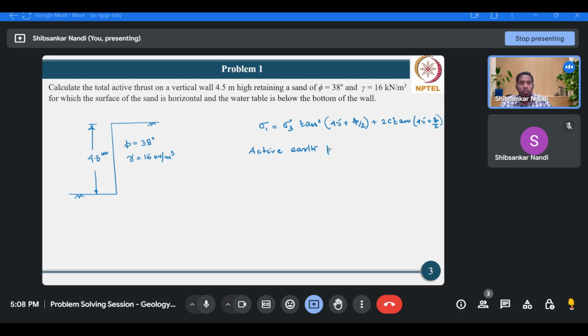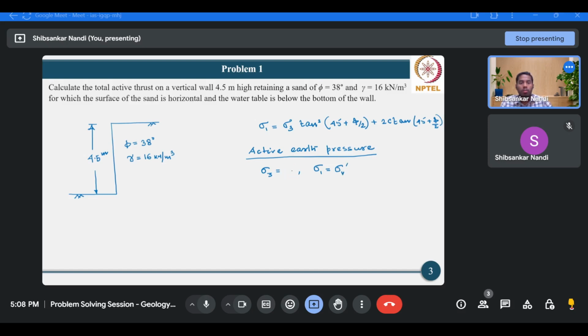From the learning of this specific way, sigma 3 would be the active earth pressure, and sigma 1 will be the vertical overburden, and obviously effective vertical overburden.